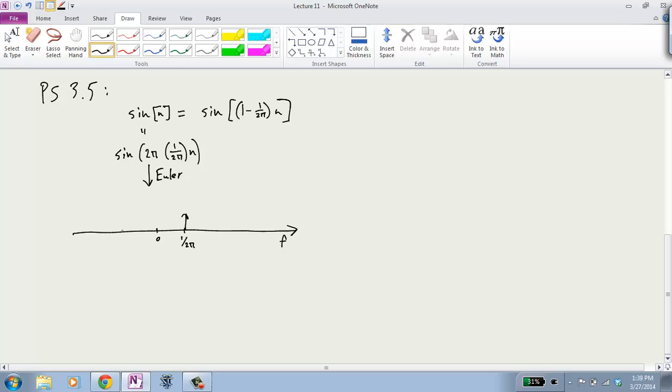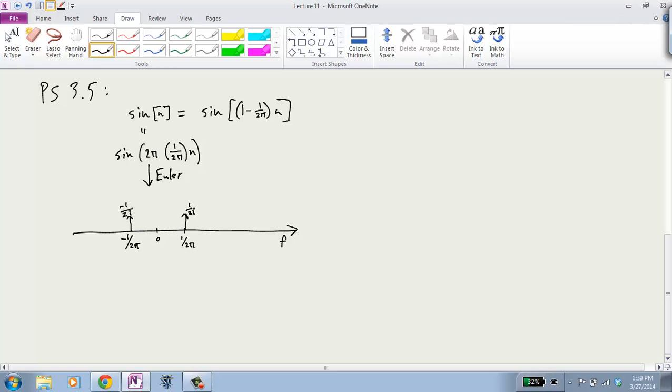We have some component there and some component here at negative 1 over 2 pi. That would be what would happen if it was continuous time. The coefficients are not the same. This one is 1 over 2i, and this one's minus 1 over 2i.